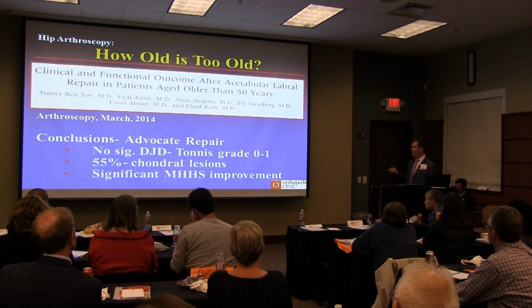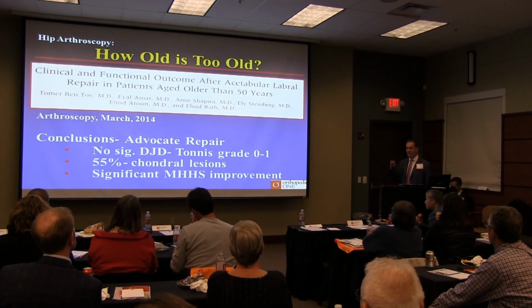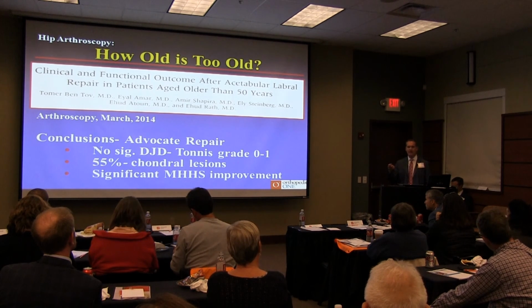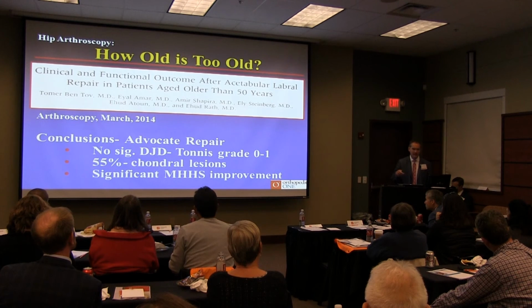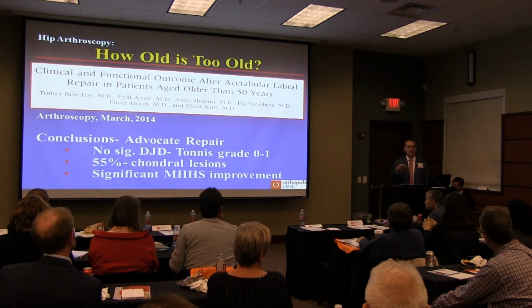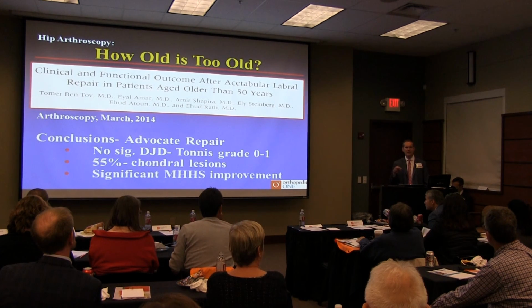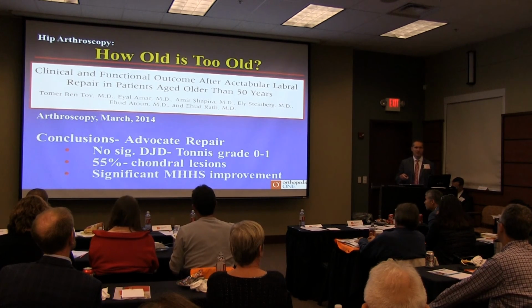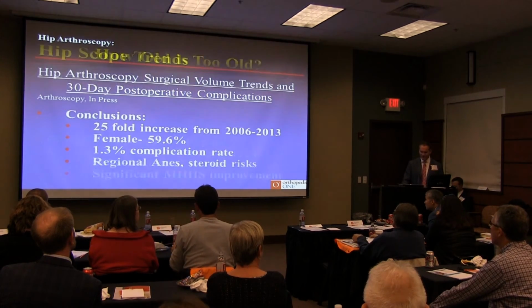They're older than 50. Everything matches up. They have symptomatic impingement, they have cam, they have pincer, they have a labral tear, their hip impingement test is positive, and those patients are remarkably gratified when you can take their hip pain away to such an extent that maybe previously they were told they just need a hip replacement because they're 55 years old. But they don't have that bad a hip arthritis.